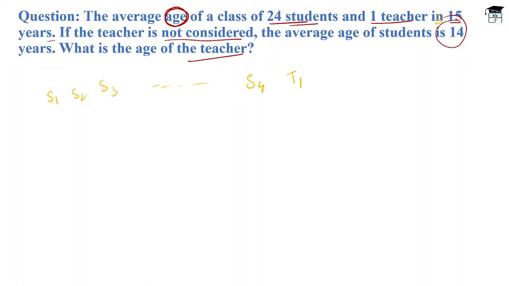So the average age is 15 years, right? First part of the question. If the teacher is not considered, we are not considering the teacher, the average age of students is 14 years. The average age becomes 14. So what does this mean? 15 minus 14 is 1. So it is decreasing by 1.